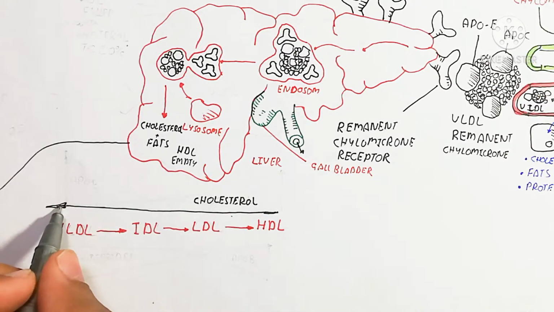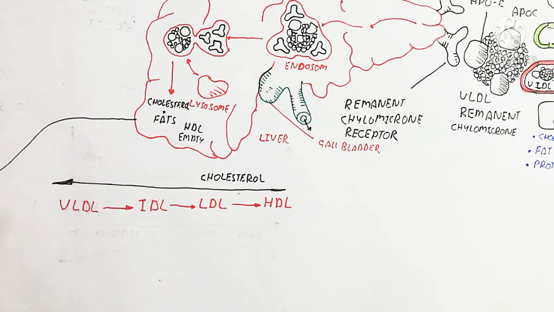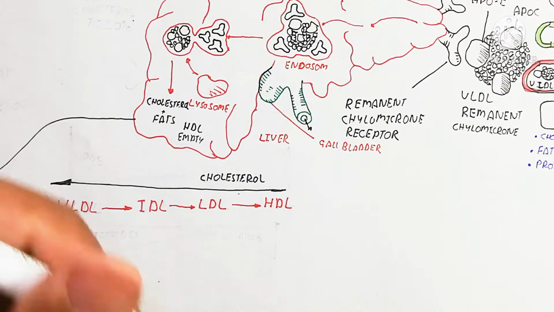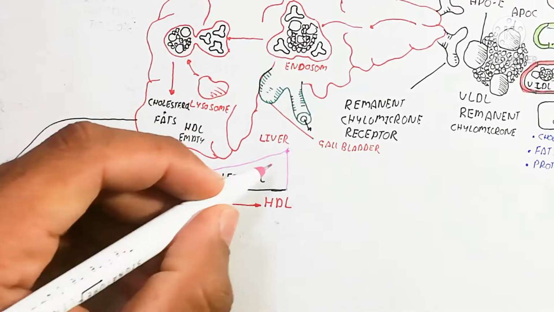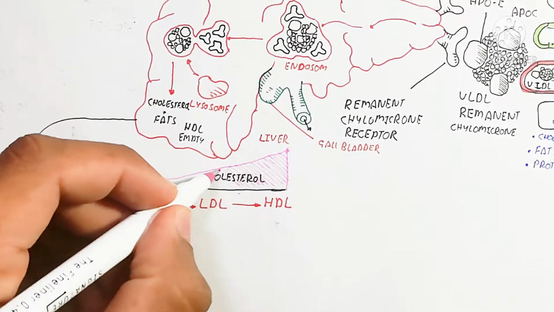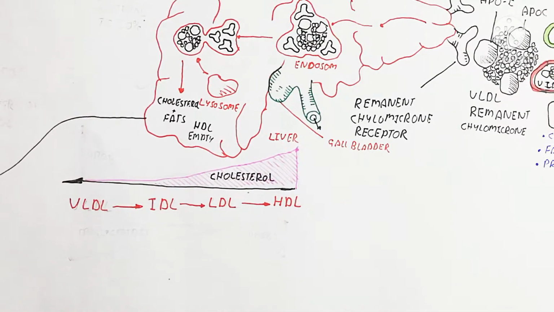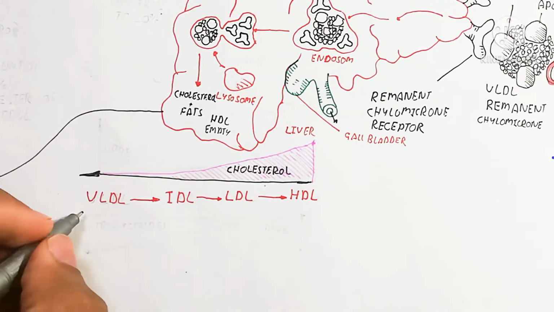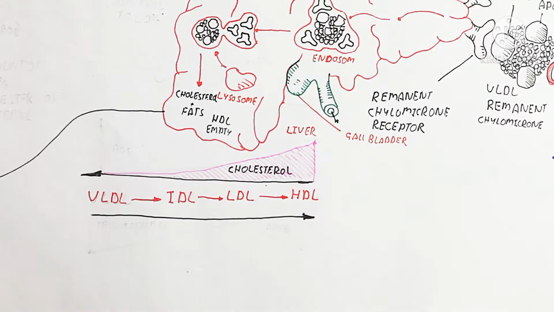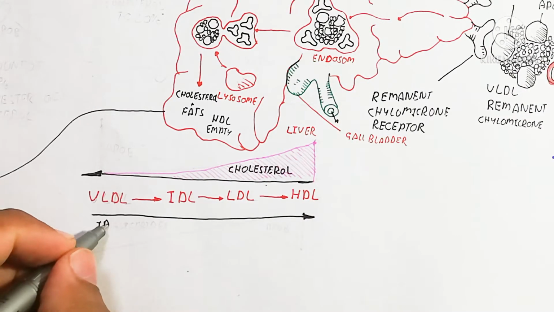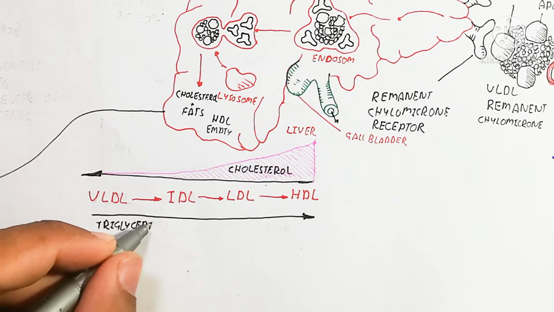It means the VLDL will decrease into the IDL after donating the triglycerides, and the slope looks like this. Cholesterol will be decreased from HDL to VLDL. It means the VLDL contains a lesser amount of cholesterol, so the HDL contains a high amount of cholesterol for donating to the tissue.